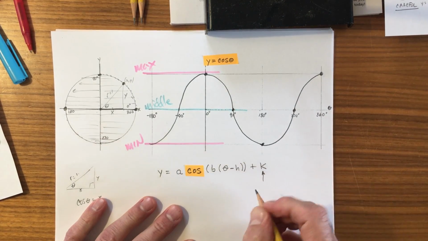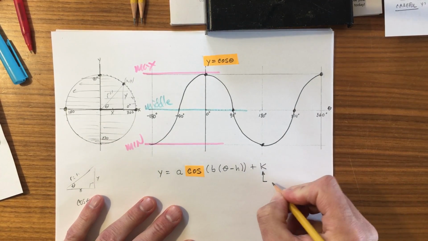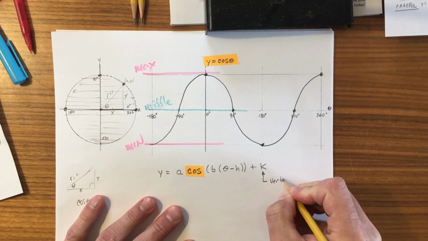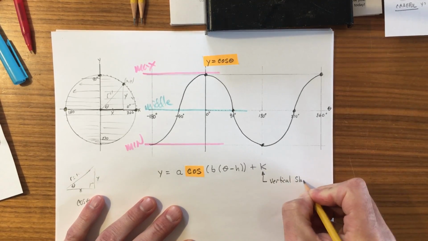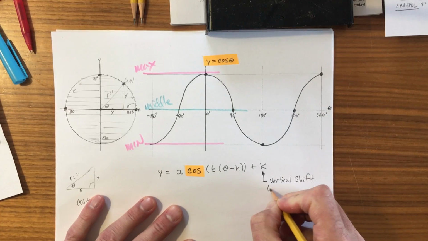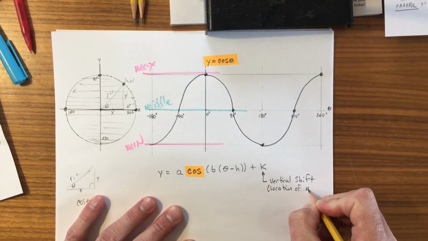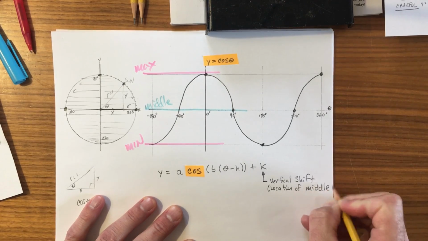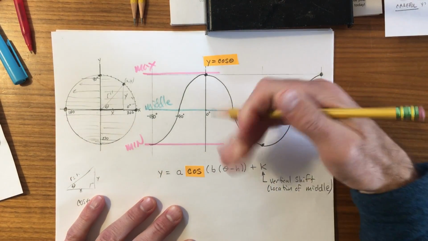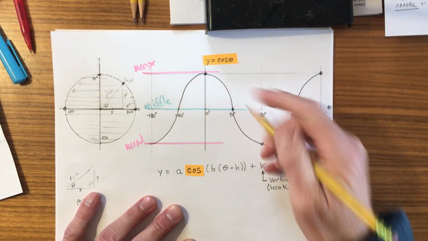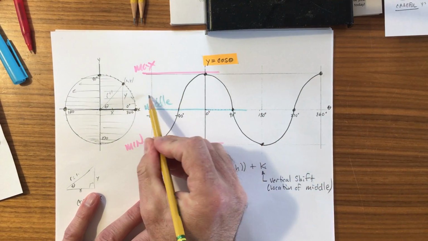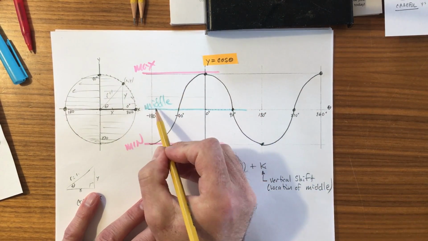This K value is, we call it the vertical shift, but it's the location of the middle. And so if we were to raise this up, that K value would tell you at what value the middle is.